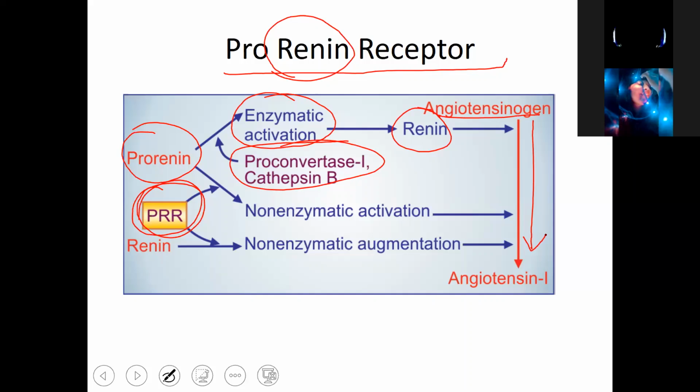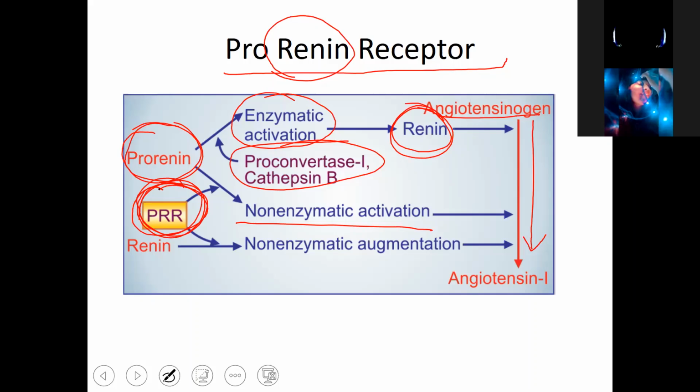But another thing is that when prorenin comes in contact with the prorenin receptor, it causes non-enzymatic activation. There is no conversion of prorenin to renin. That's why I was saying that prorenin, although it was thought to be an inactive precursor of renin, can actually become active when it comes in contact with the prorenin receptor, without getting converted structurally into renin.